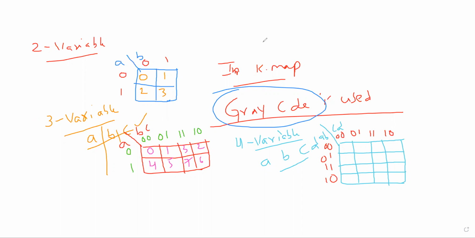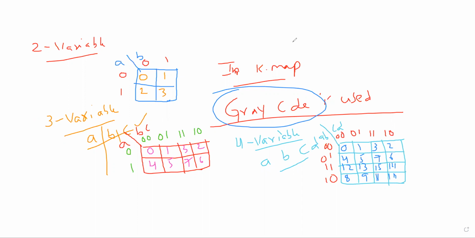The values inside according to the Gray code are 0, 1, 2, 3, this will be 4, 5, 6, 7, and then 8, 9, 11, 10, 12, 13, 14, and 15.